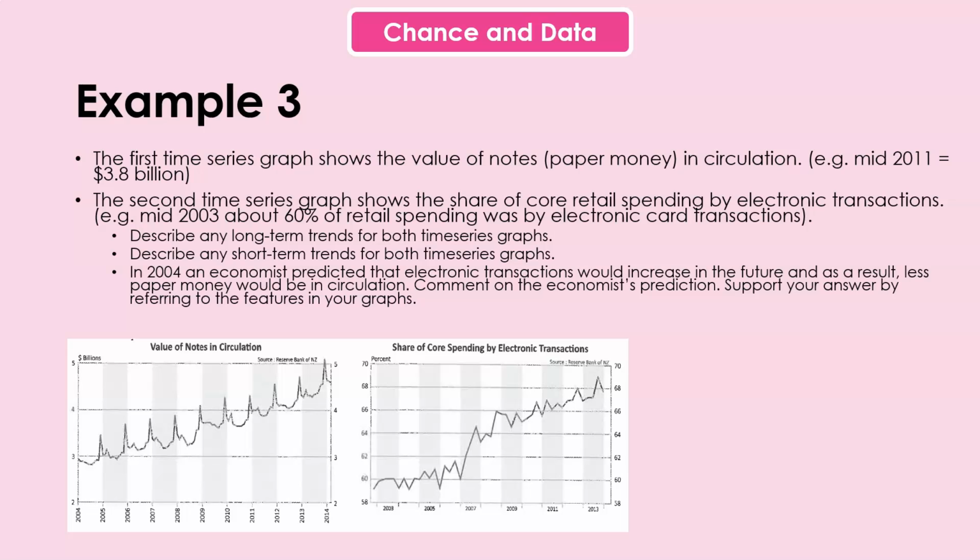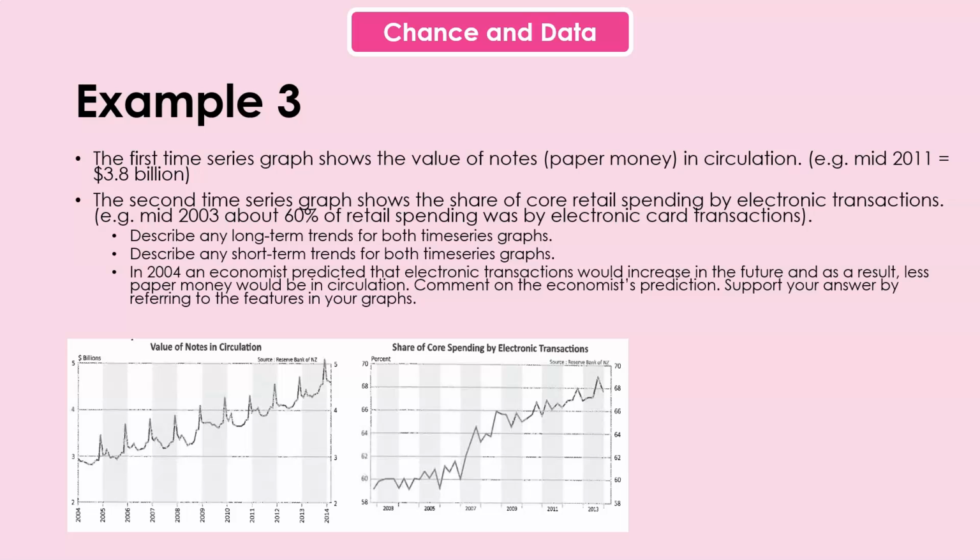Example 3. The first time series graph shows you the value of notes, paper money in circulation, which is $3.8 billion. The second time series graph shows the share of core retail spending on electronic transactions.